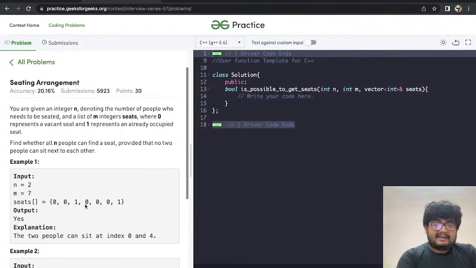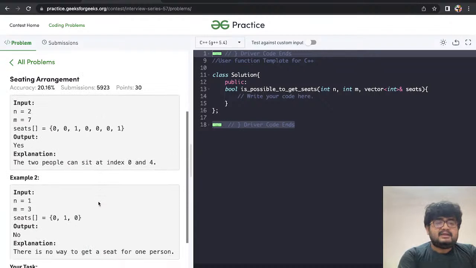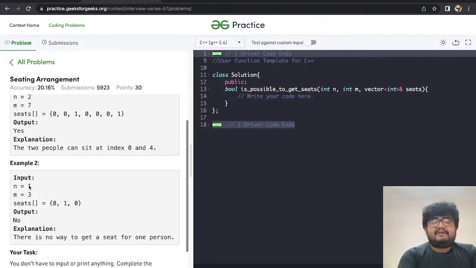So we have 0 0 1 0 0 0 1. This is the seating arrangement that we have, and we have two people to seat. We can place one person at index 0, one person at index 4, and in that way we can get all the people seated. Now here we have to seat one person, and we have three seats, 0 1 0.